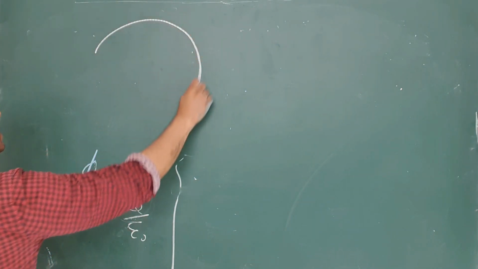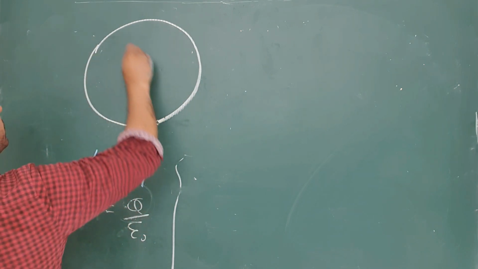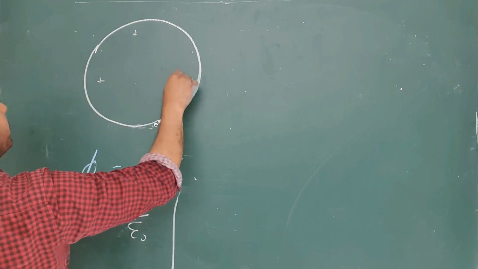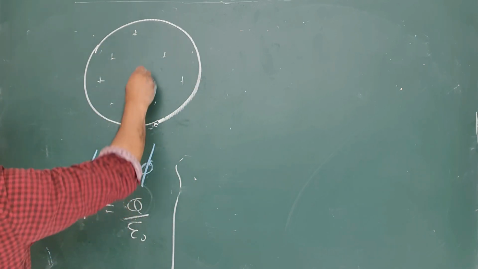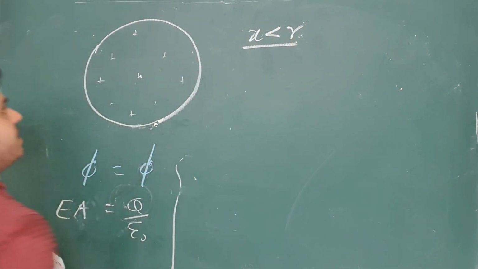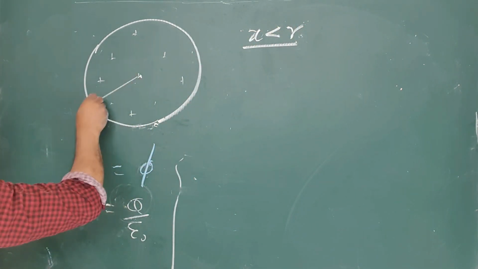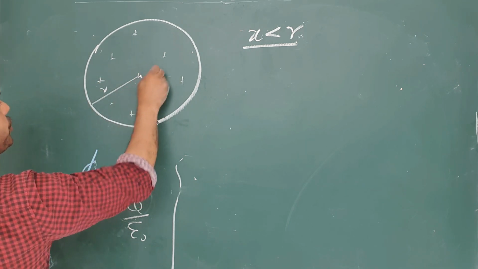Assume this is the glass and this is the whole charge. Now x less than r, where r means radius of the given sphere.